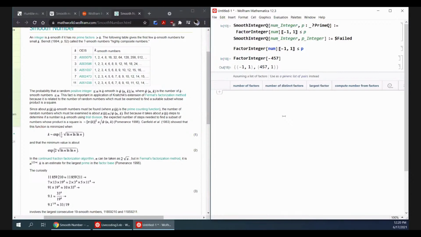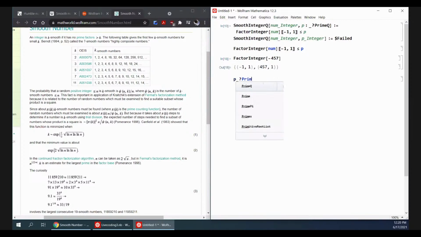A user did have a question about the difference between p colon underscore prime q as opposed to having no underscore. Right. Okay, so the second one, the one that we used, this is what the question was about, the difference between these two. This one doesn't actually mean maybe the same thing as this.